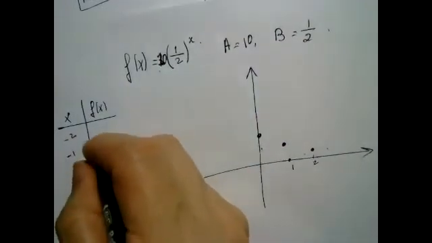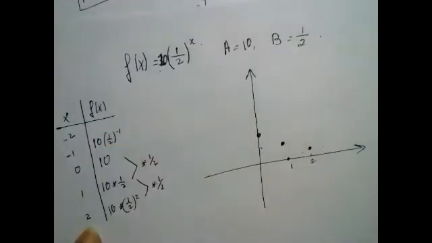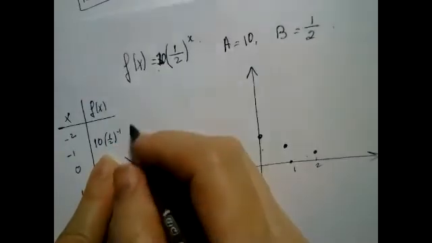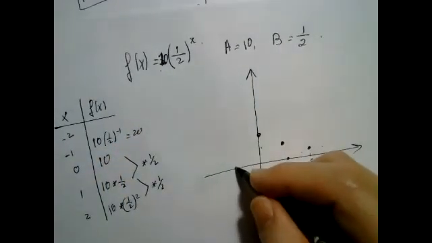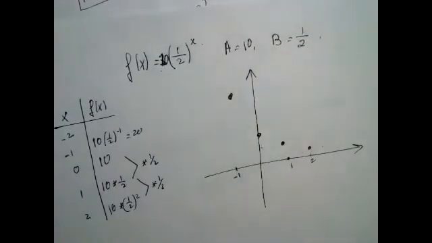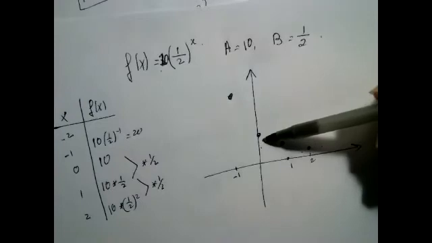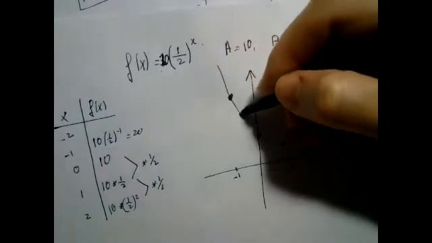Now at minus 1, if we do the math correctly, this is going to give me 20, which actually makes sense because this is going to be twice as much, since from here to here, you take half. So the graph is going to be like this.